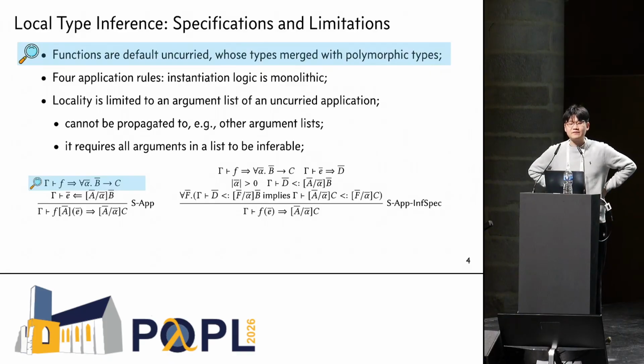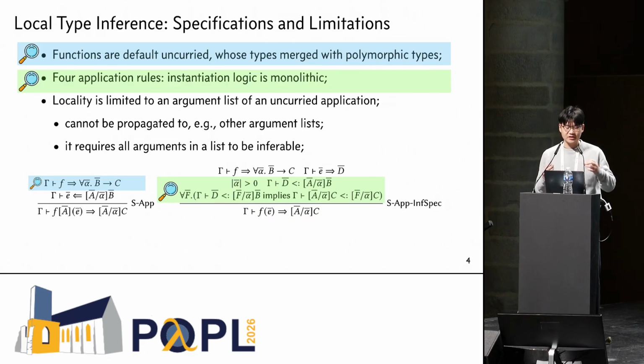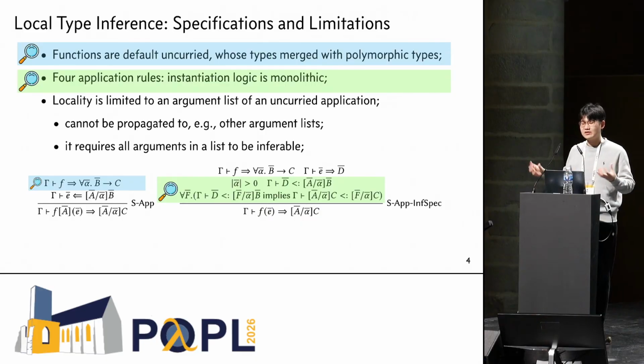Their functions are by default uncurried, and their types are merged with polymorphic types, which makes it farther away from standard systems like System F. And it has four application rules, whose instantiation logic is monomorphic, which makes it too hard for new researchers to understand and extend. The third is that their locality is limited to the arguments of an uncurried application, so it cannot propagate information from one argument list to another.